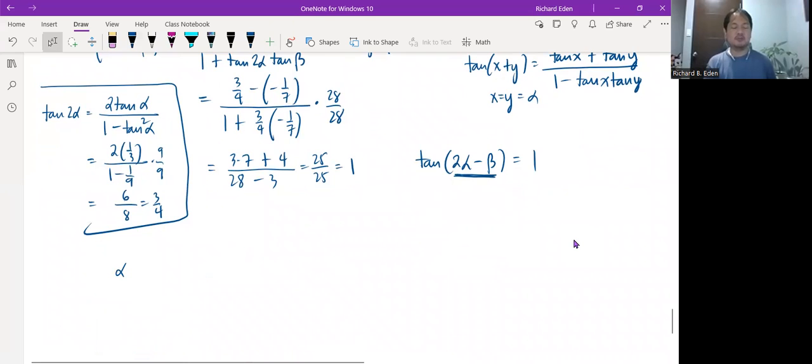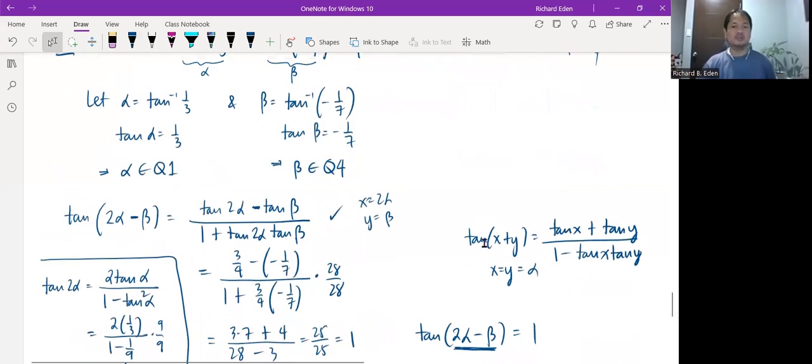Alpha is in the first quadrant, so alpha is between 0 and pi over 2. And then beta is in quadrant 4.